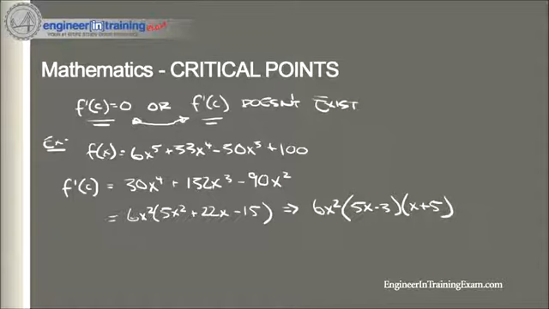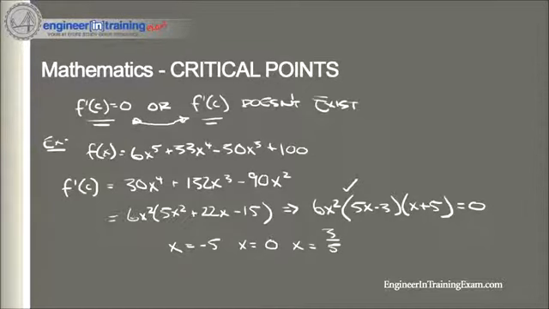So now, since we're factored out, we just need to set the derivative of this function equal to 0 and determine what values of x will make this a true statement. We see that x equal to -5 will make this function equal to 0, x equal to 0, as well as x equal to 3/5.